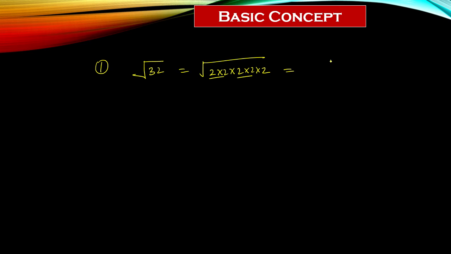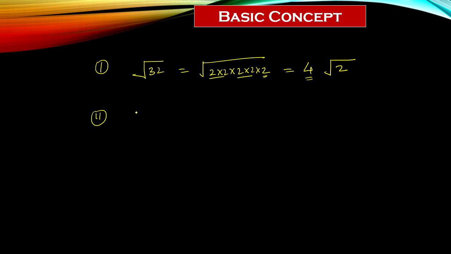As we are aware, out of two pairs we can create two twos outside, that is 4. So 4 comes outside, and the one 2 which doesn't have any pair remains as it is inside the root. This is example 1.